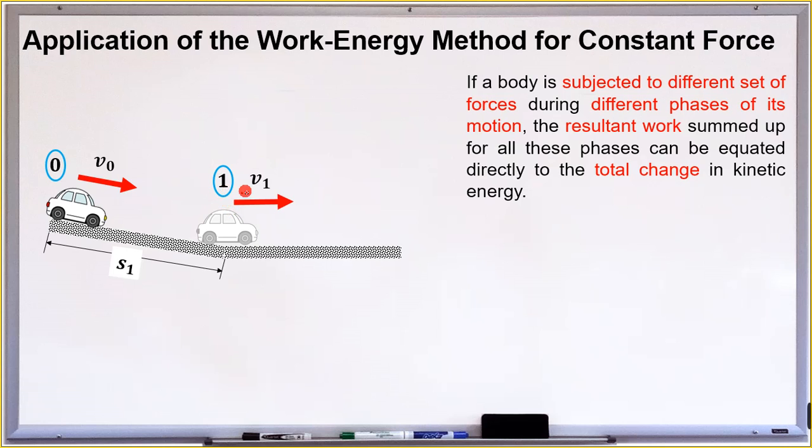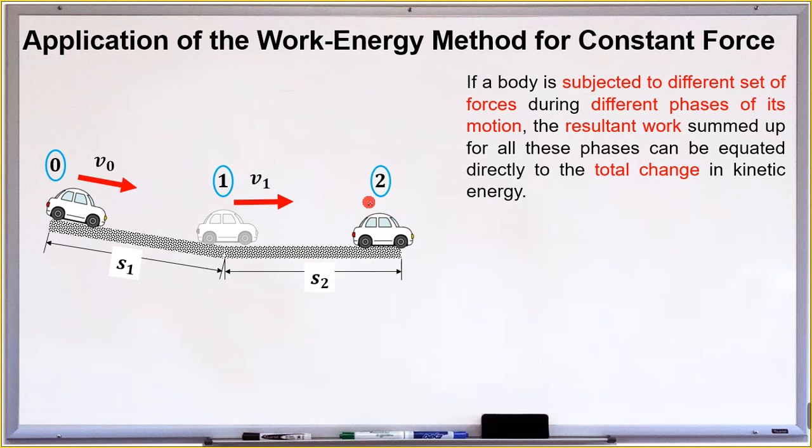So in the first position, this is no longer the initial position. Its velocity is V1, so the velocity changes from V0 to V1. Then it travels along the horizontal, another phase of motion, with displacement S2.